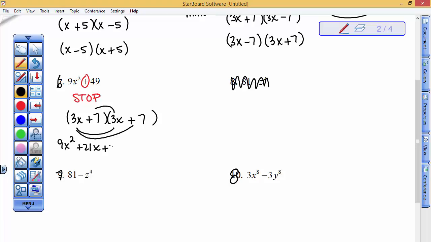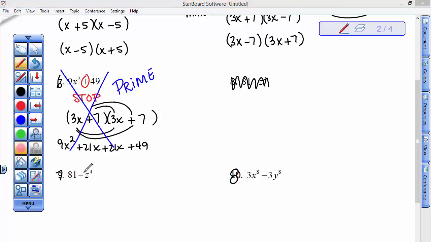I mean, yeah, you'd get the 49, but you wouldn't have the original problem. So this problem is prime. It is not factorable. So this is called the difference of squares, a subtraction sign, not a plus sign.